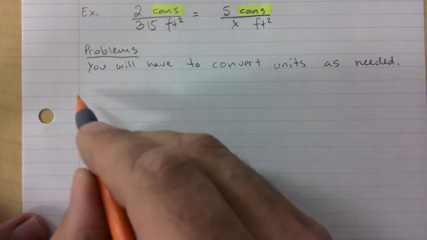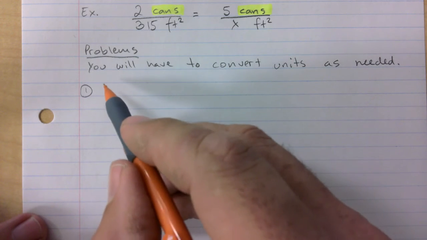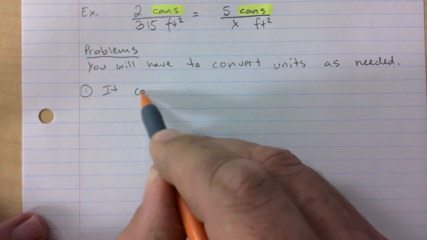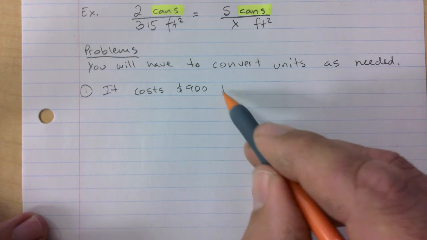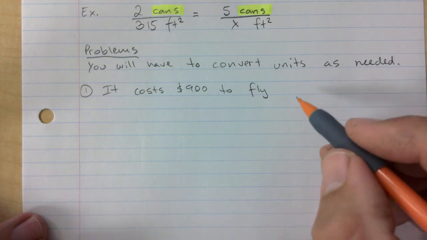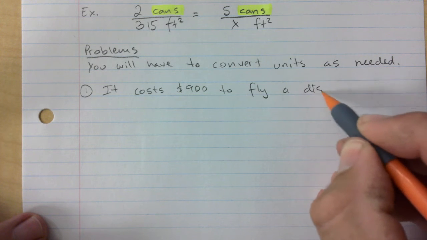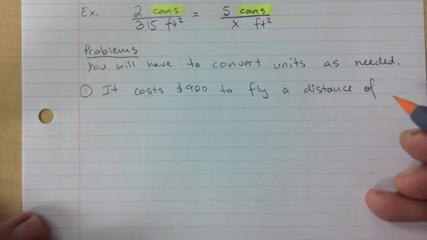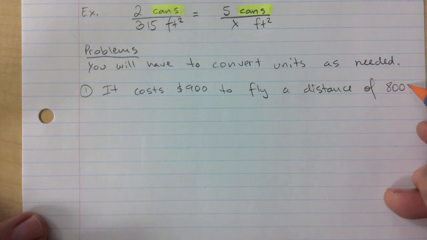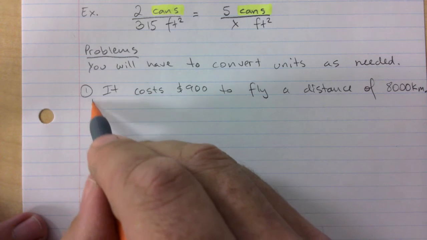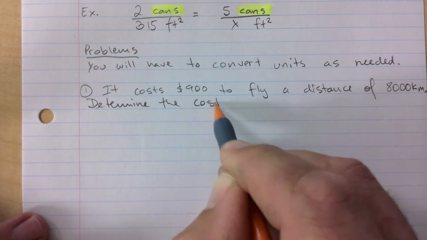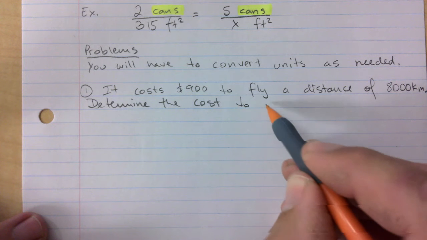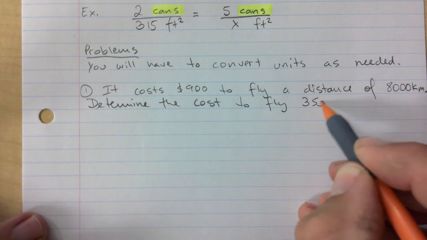Okay, so let's say first problem here, it costs $900 to fly a distance of 8,000 kilometers. Determine the cost to fly 350 miles.